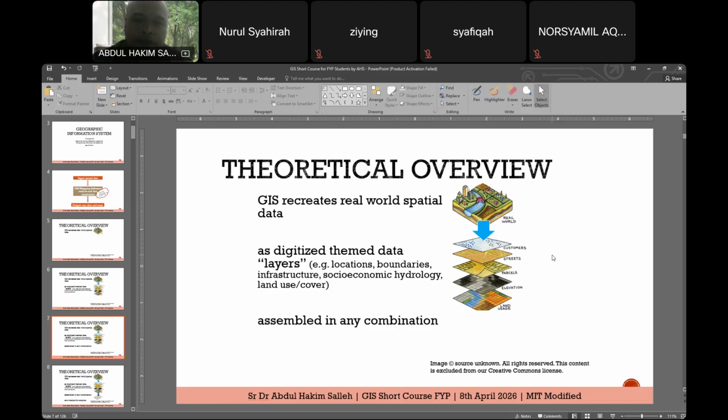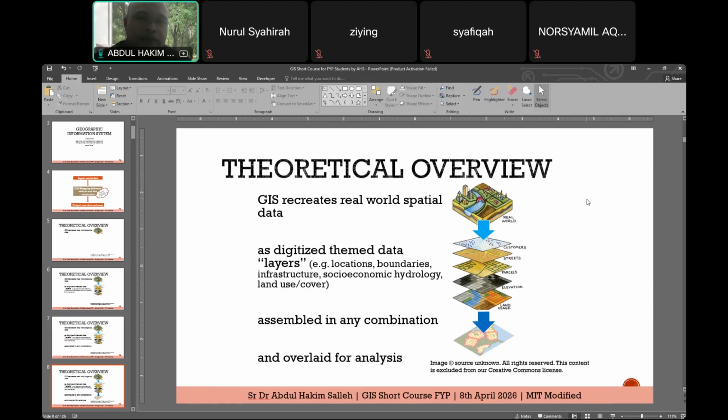Okay, and then we overlay every layer to do the analysis.